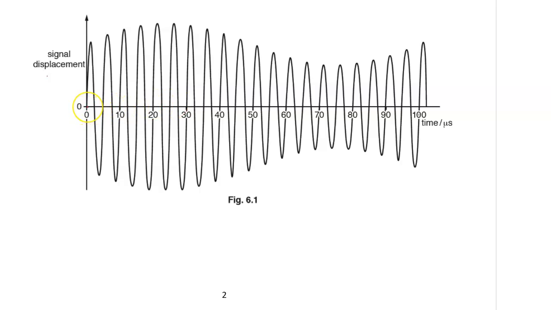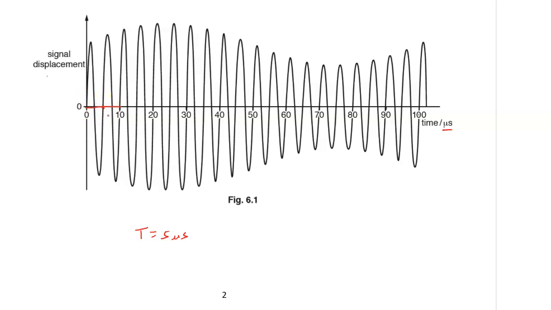Of course, you can see from 0 to 10 microseconds, how many complete waves do we have? We have 1, 2. We have 2 complete waves. So the period is equal to 5 microseconds, from here to here.